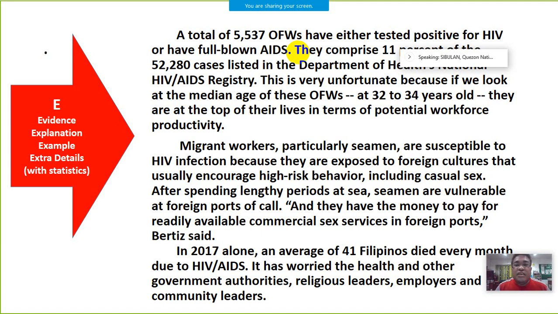Here, the writer presents a lot of statistics. So this is the body. It capitalizes on giving examples and evidence. So let's read the next paragraph.